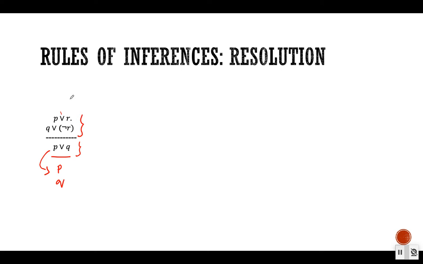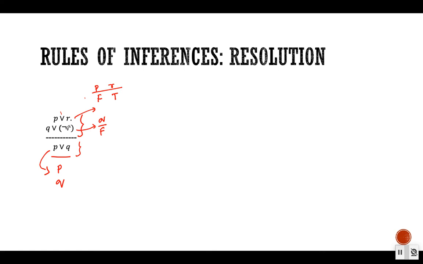Let's see from the hypothesis whether we can prove that. This statement says that either P is true or R is true. So let's say P is false. Then R has to be true. Now let's assume that Q is false.